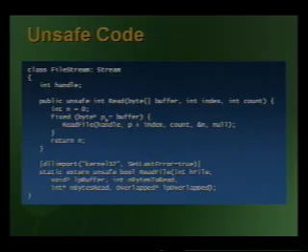We can take that pointer to the first element of the array, add the index to it. We can take the address of a local variable because we are in an unsafe context, which we've indicated by putting this unsafe keyword here. Now, as I said, and I'll stress it again, because we put that unsafe keyword here, this class must be fully trusted by the system. And that's fine, because we're writing a file encapsulation here.